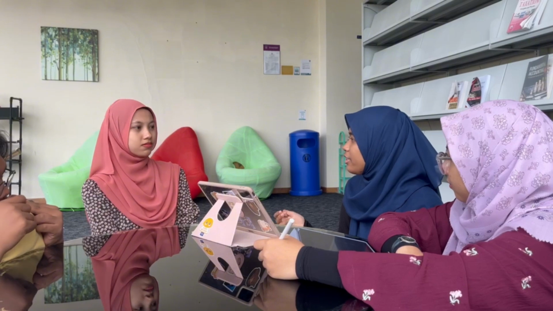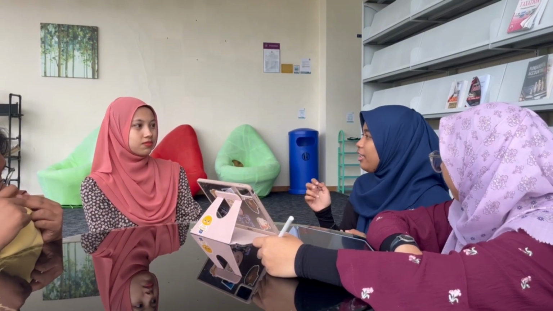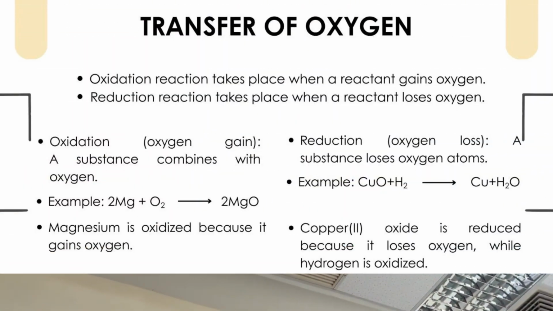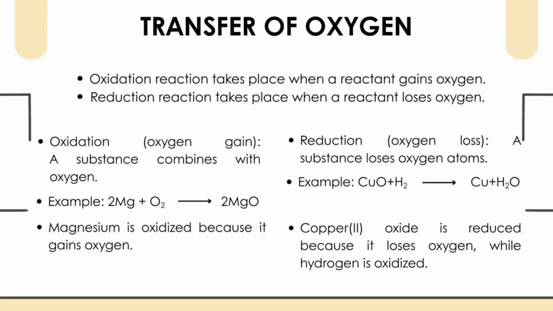This concept is similar to electron transfer. You can read my notes, Aisha. Transfer of oxygen: an oxidation reaction takes place when a reactant gains oxygen, while a reduction reaction takes place when a reactant loses oxygen.